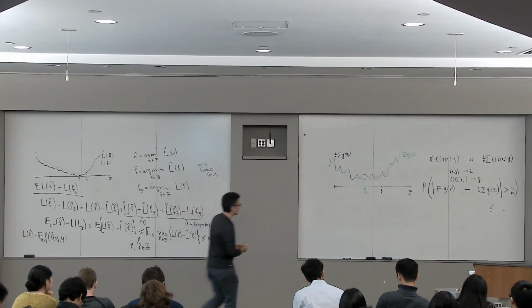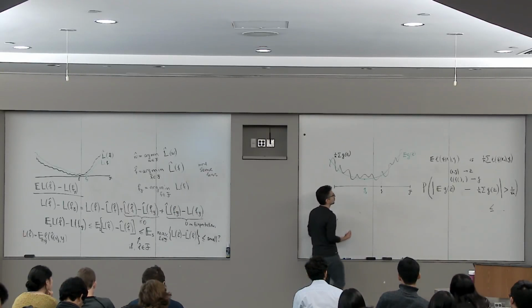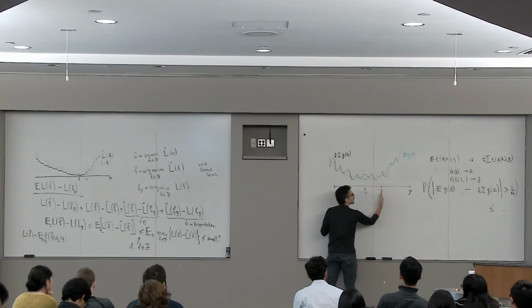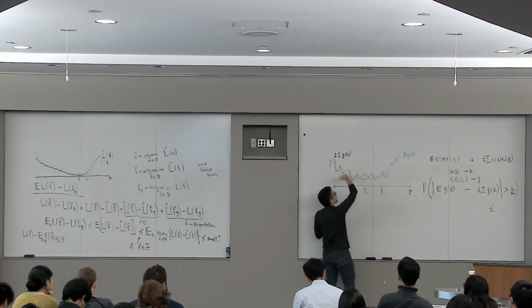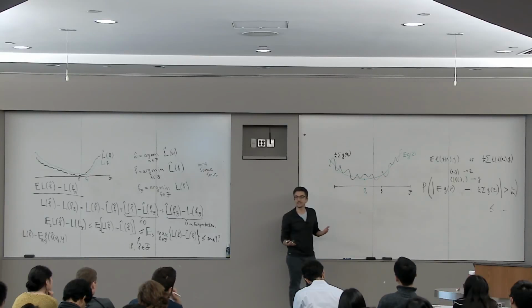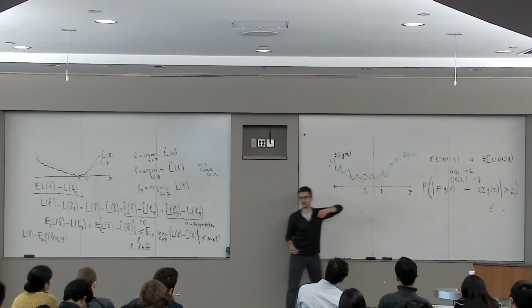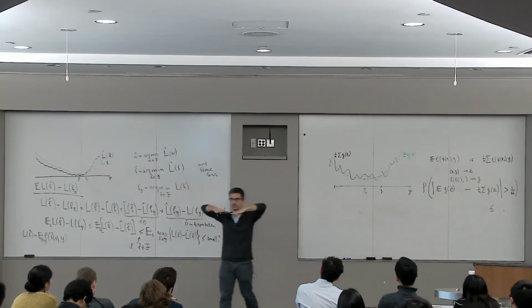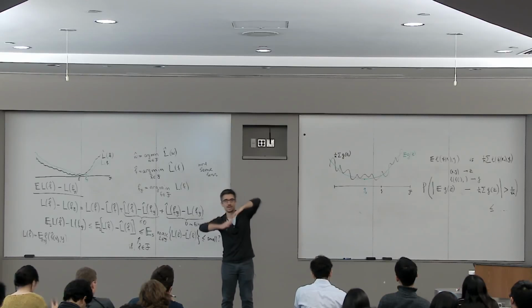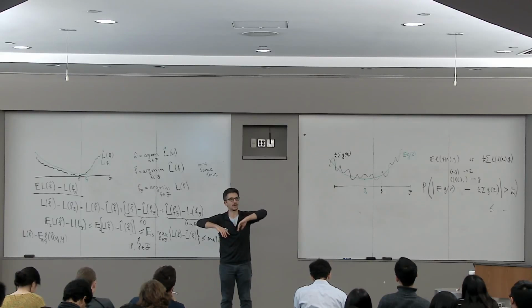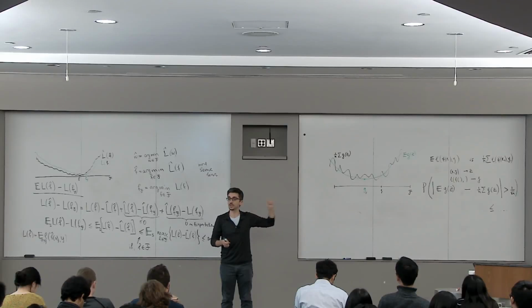But first I want to show you what's happening. For this guy, as I draw a different data set, Z1 through Zn, I'm going to get a different black curve, right? So it's a random curve. Think of this F as changing as I change my data set. The green curve stays put, doesn't change.